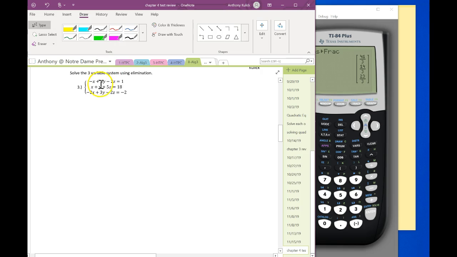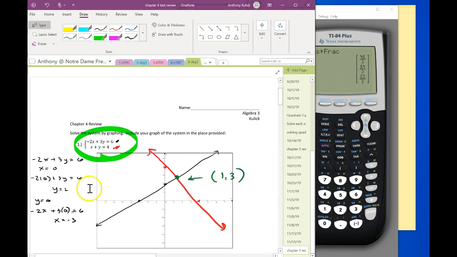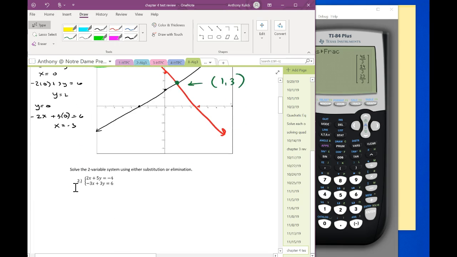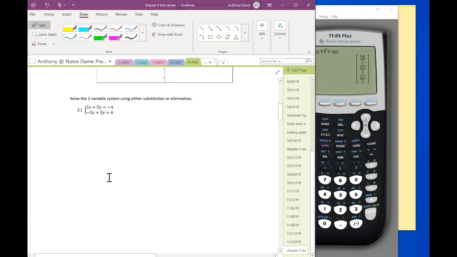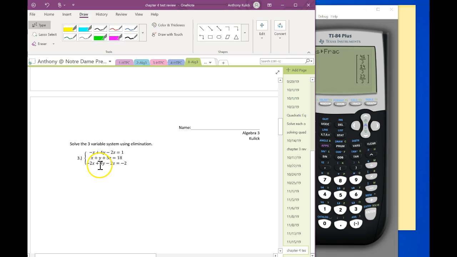I would say that 1, 2, and 3 are all by hand problems. You're just solving these systems using your by hand method, so substitution or elimination.